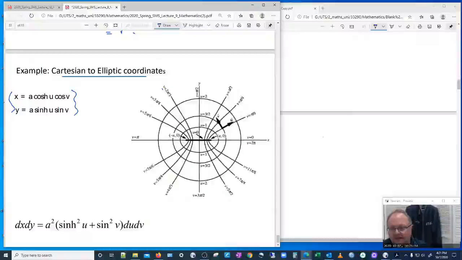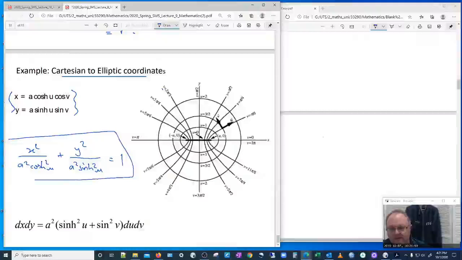In terms of our formula, we've got x squared over a squared cos squared u plus y squared over a squared sine squared. So that would be our base equation that we would be able to manipulate in order to do substitution of similar forms.